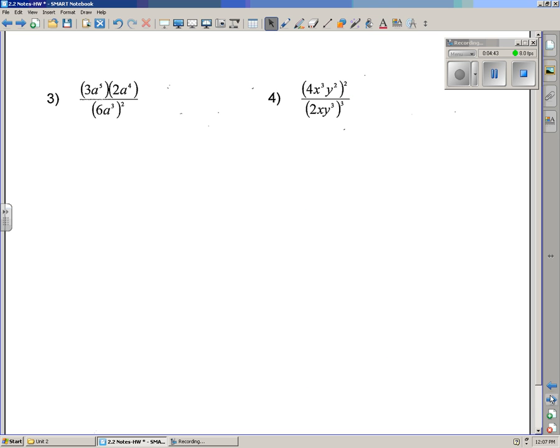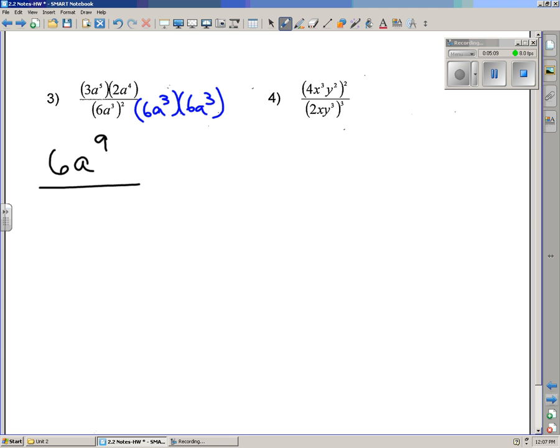Let's take a look at the next example. In this case, you've got to simplify some stuff on the bottom because you're not completely simplified yet, as well as on the top, I should say. On the top, I've got 3 times 2, which is just 6. In terms of my a's, I've got 5 a's and 4 a's, or a to the ninth. On the bottom, you actually have two parentheses that both have 6a cubed in them.